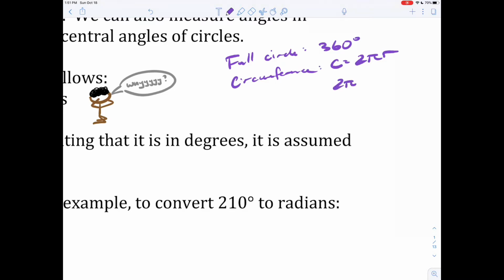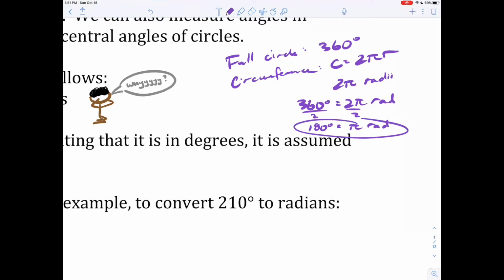Or we could say that's 2 pi radii. So, if 360 degrees is the same thing as 2 pi radii, well then, dividing by 2 means that 180 degrees is equal to pi radii. And that's where it comes from.